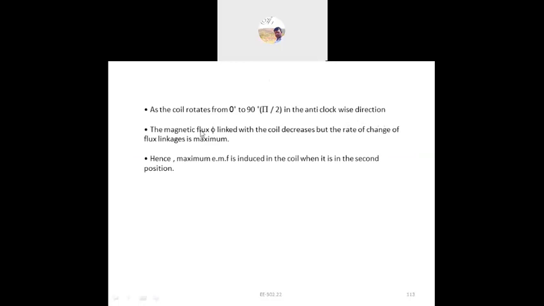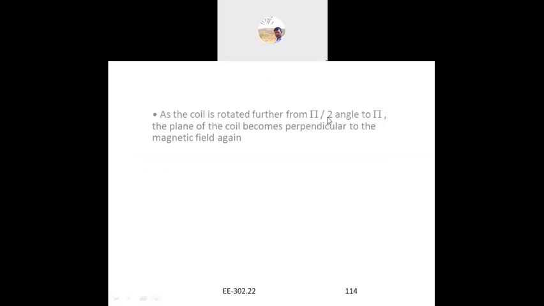At that time the magnetic flux linked with the coil is increasing, so the rate of change of flux is the maximum. Due to that, the maximum EMF is induced in the coil at the second position, that is 90 degrees. Then the coil rotates from π/2 to π, and the plane of the coil becomes perpendicular to the magnetic field again.